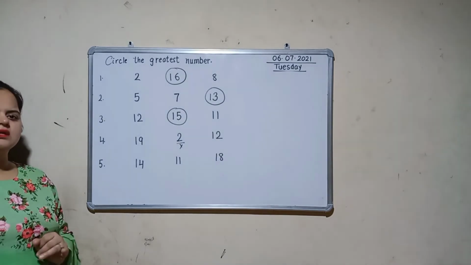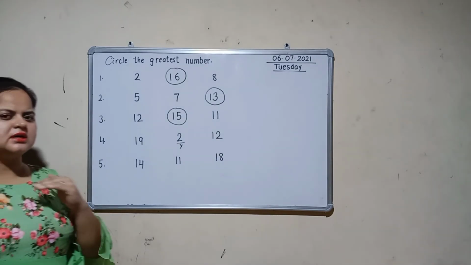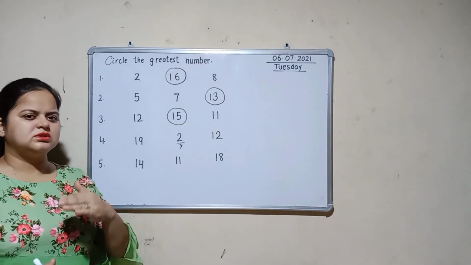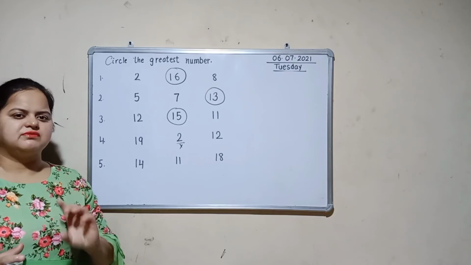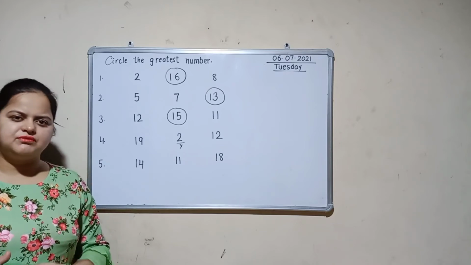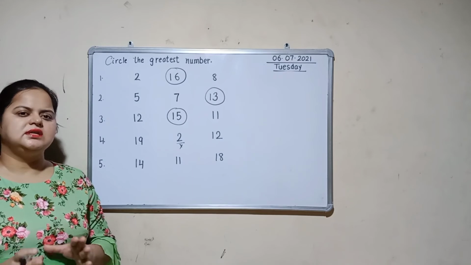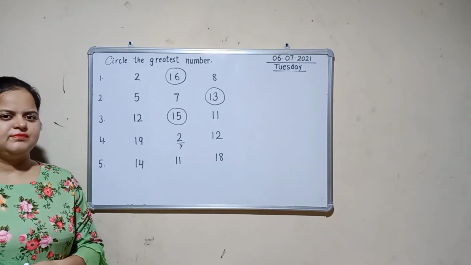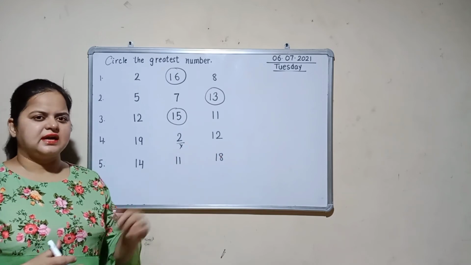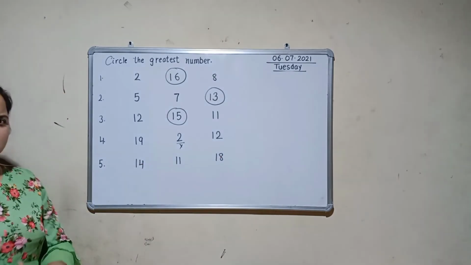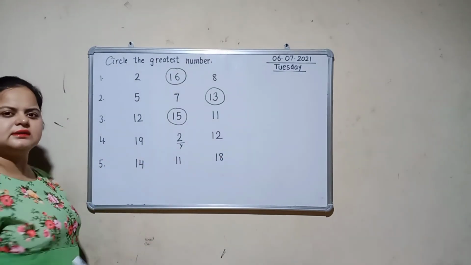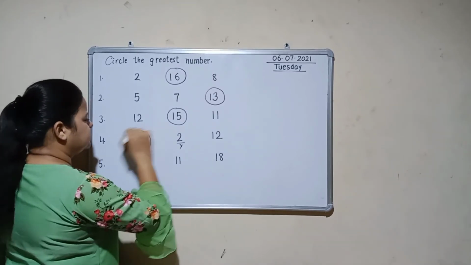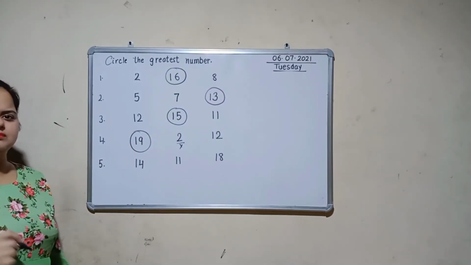Which number comes first? 11, 12, 13, 14, 15, 16, 17, 18, 19, 20. 12 comes first and 19 comes last. It comes later. Yes. So 19 is the greatest number.